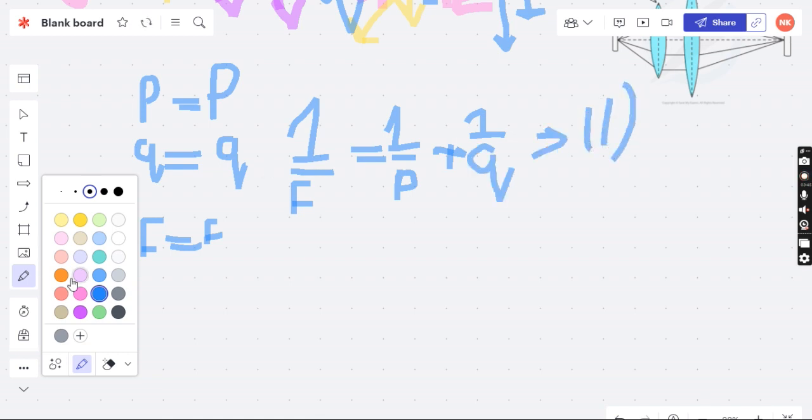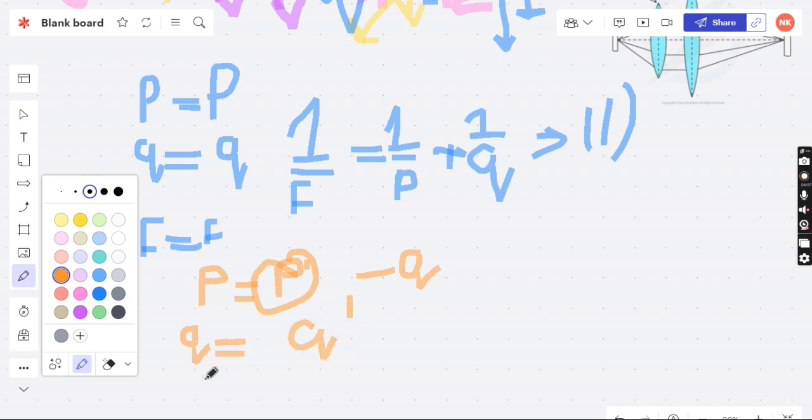Talking about the second equation, here P is equal to P naught. The image of the first lens acts as the object for the second one, so P is equal to minus Q, because this is a virtual image object. Q is equal to Q naught and F is equal to F naught.